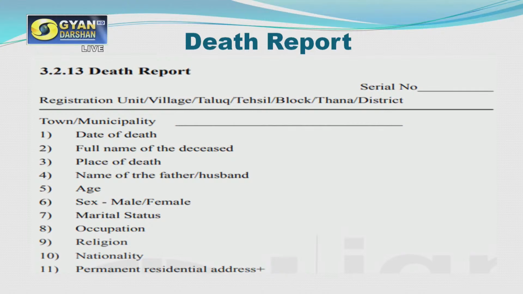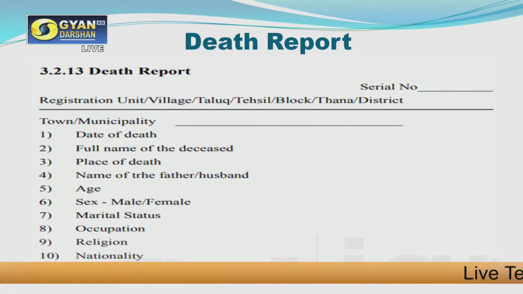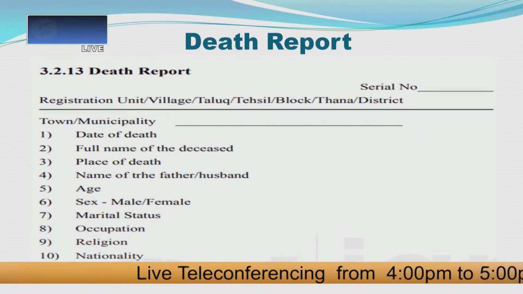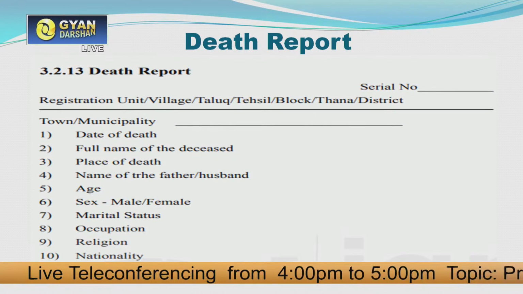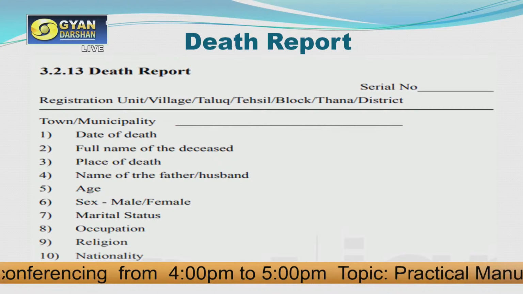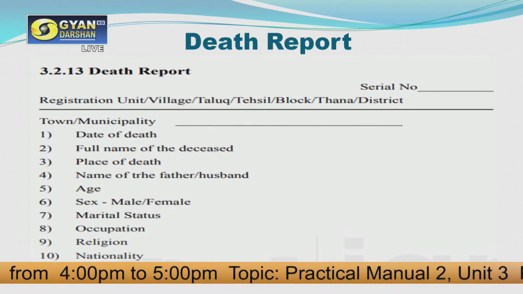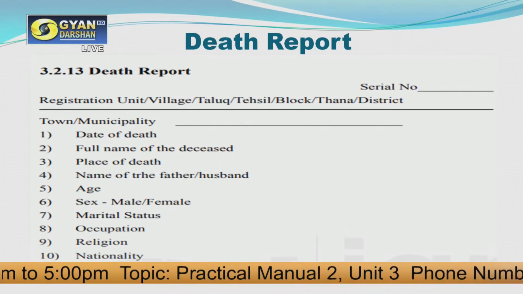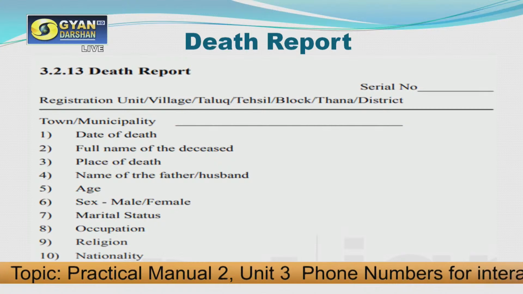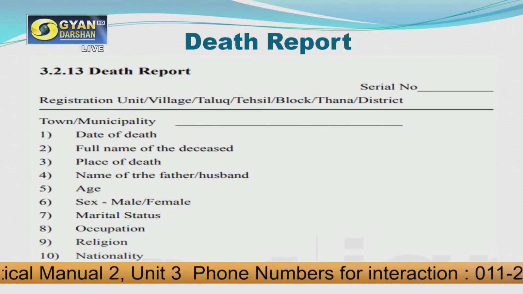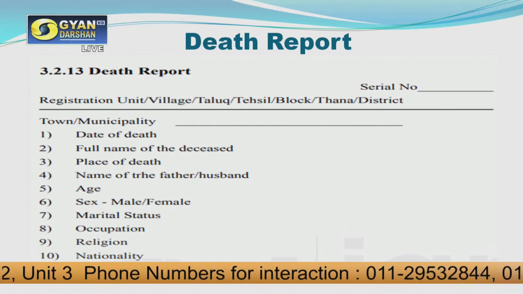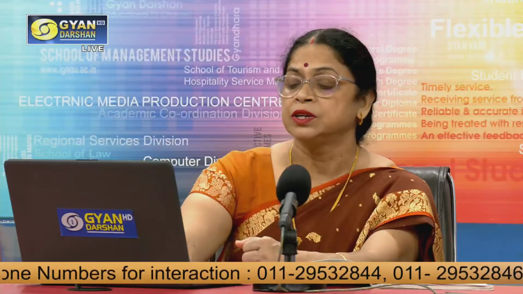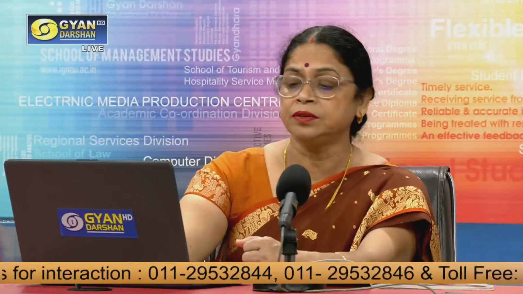In case of a death report, again you can ask about the date of death, full name of the deceased, place of death, name of the father or husband, age of that person who died, sex, marital status, whether he was married or not, occupation, religion, nationality, and permanent residential address. So these were all the records.